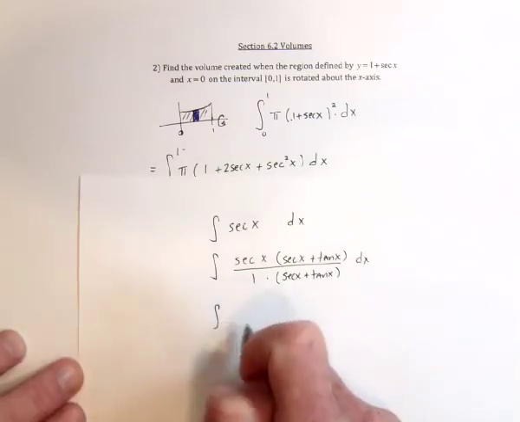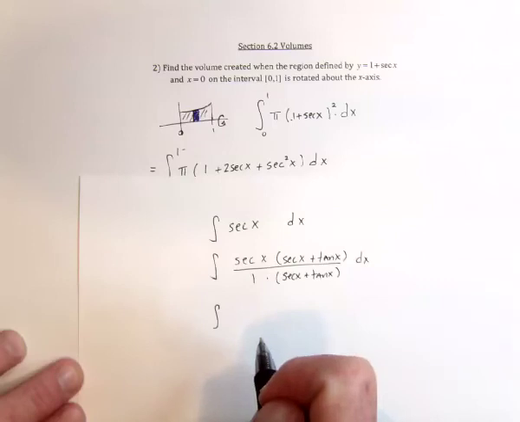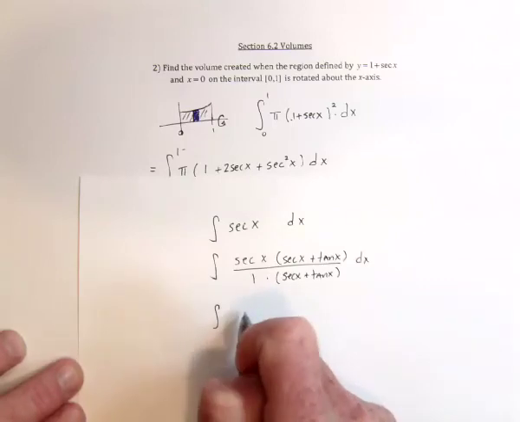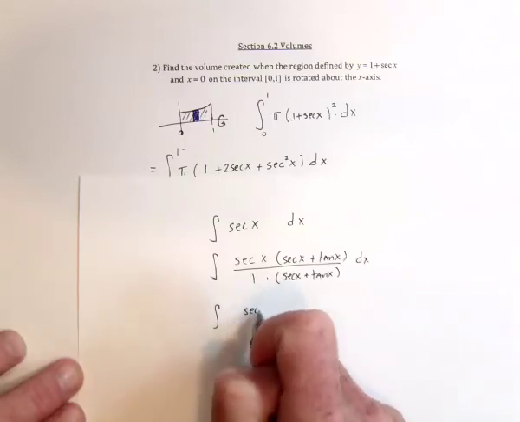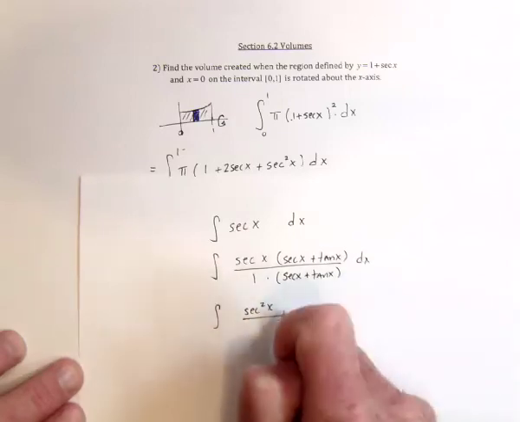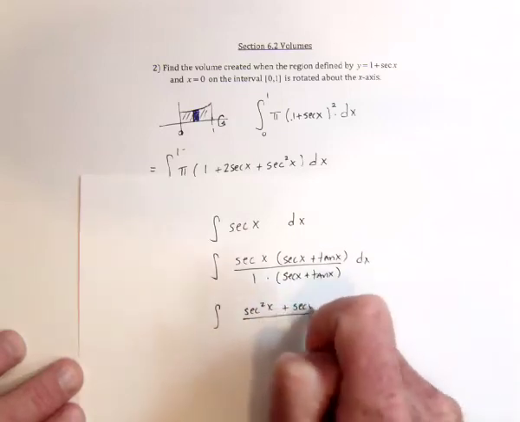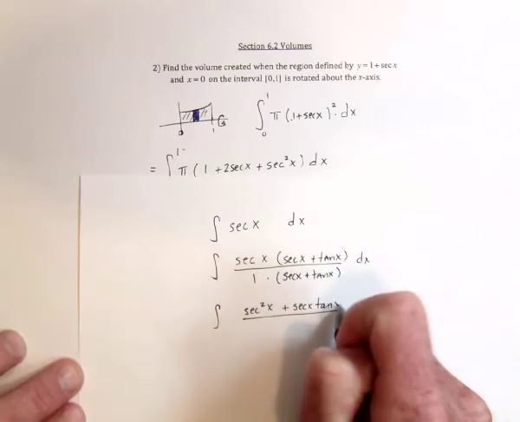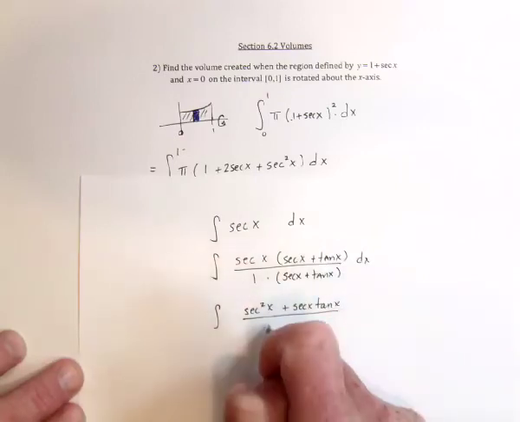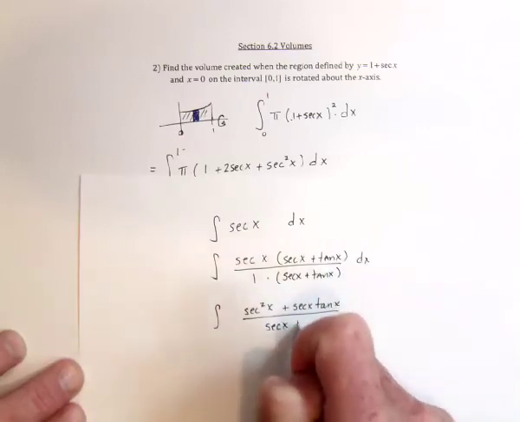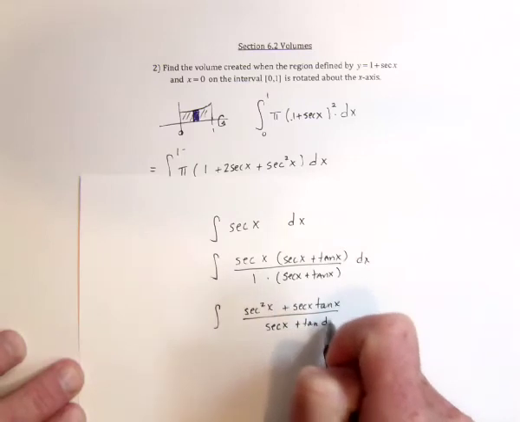And then if you multiply out the top, it's going to be secant squared plus secant of x times tangent of x. And the bottom, of course, is just secant of x plus tangent of x by itself.